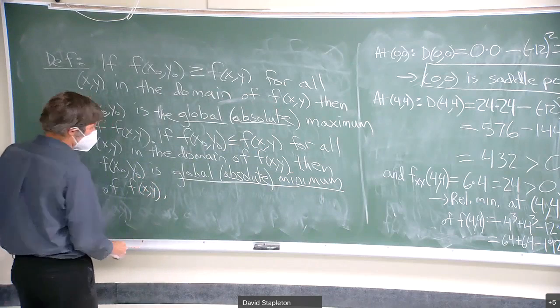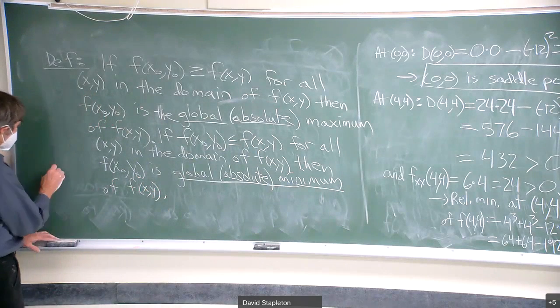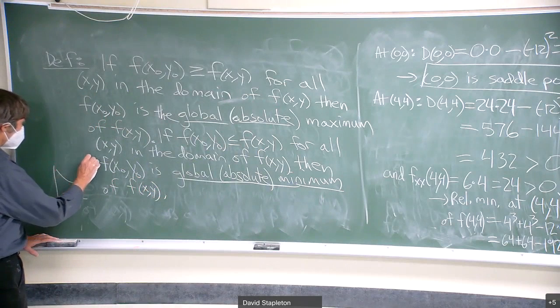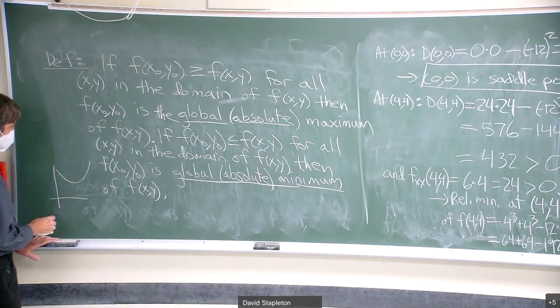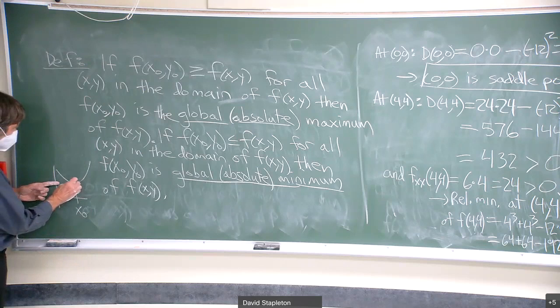But that's an analogy to calculus 1 also, right? Where in calculus 1, you'd have a curve like this. And what happened in calculus 1 was this: x0 here is a point where there's a global minimum over the whole function values, right?